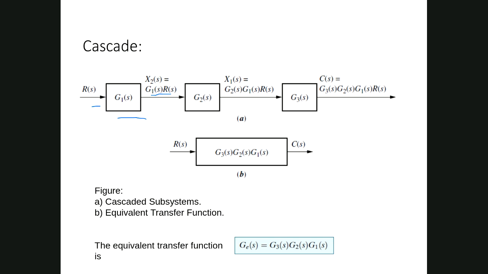So X1 here is G2, G1 times R. And then it goes into G3, which will now have G3, G2, G1 times R. Or we can just have our R here, our C here. We just need to multiply them to get the equivalent transfer function. So this is easy. The equivalent transfer function for a cascade system, just multiply them together.